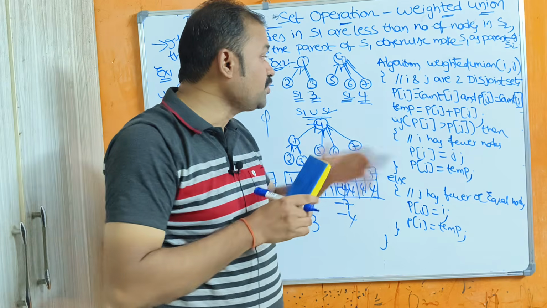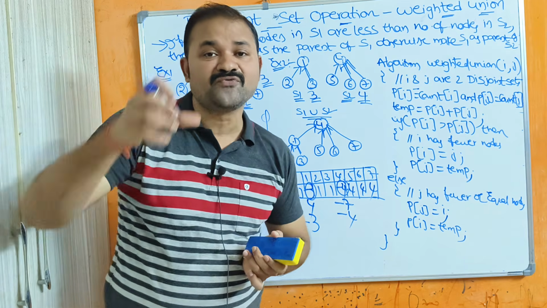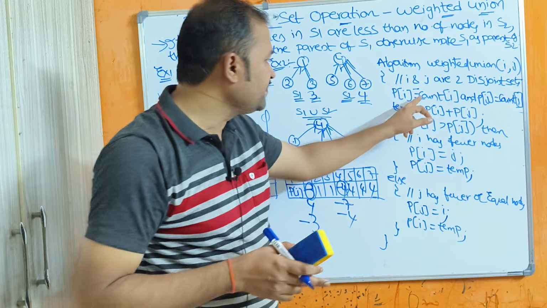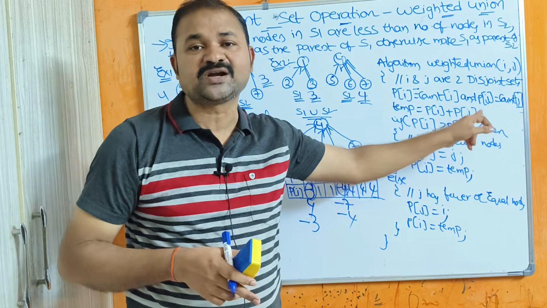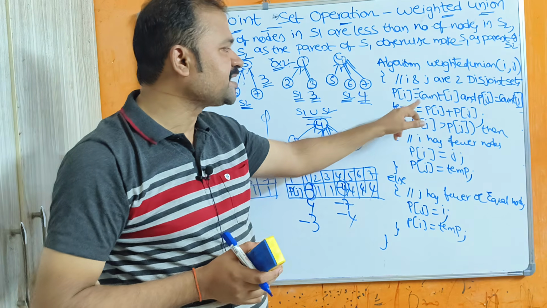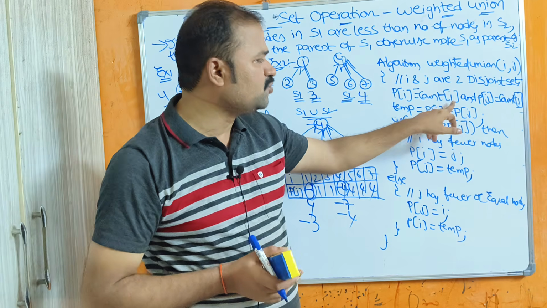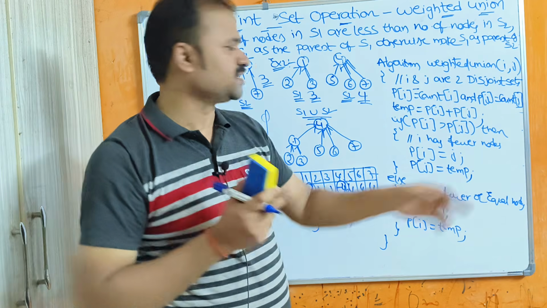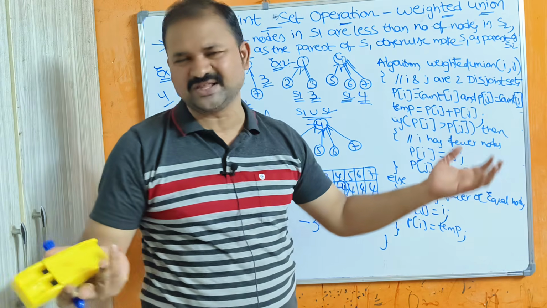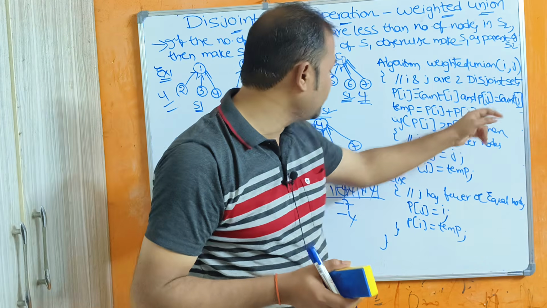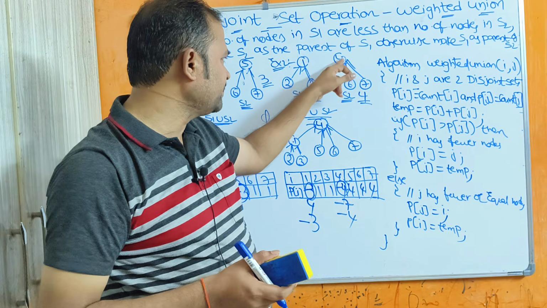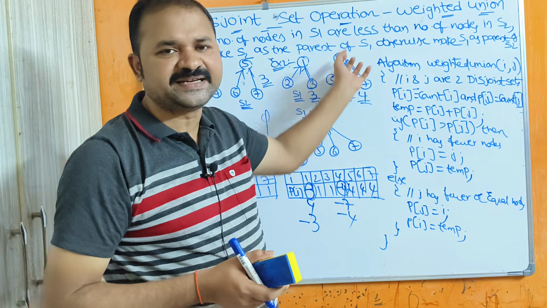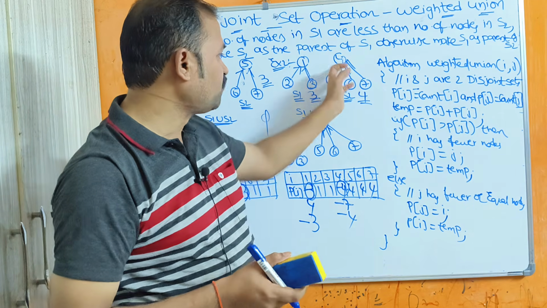So the count represents the number of nodes present in the tree or in the disjoint set. So here we have to use a minus symbol before the count variable. So the statement is P of i equals minus count of i. This is an algorithm, so we can write it according to our choice. We can use an underscore also, there is no problem. P of j equals, so this j is nothing but this information. So initially, what will P of 4 contain? The number of nodes present in the disjoint set. So initially we have 4 nodes.